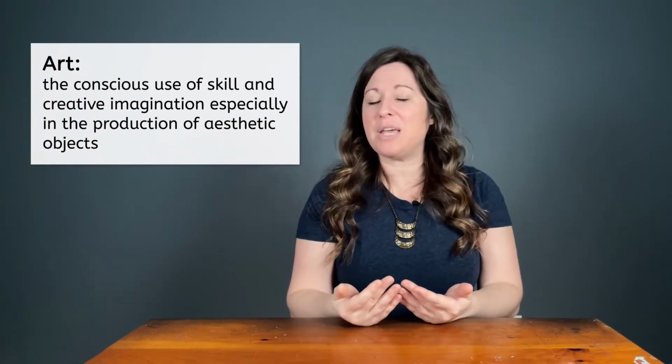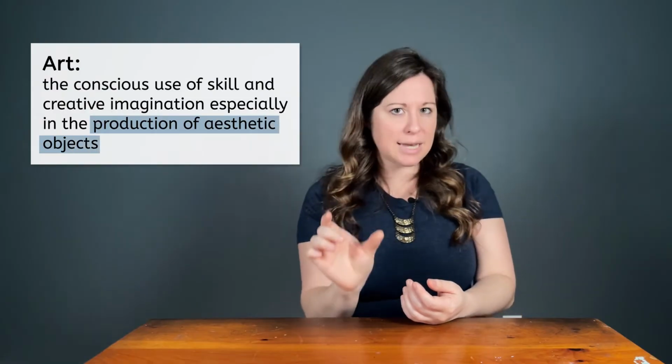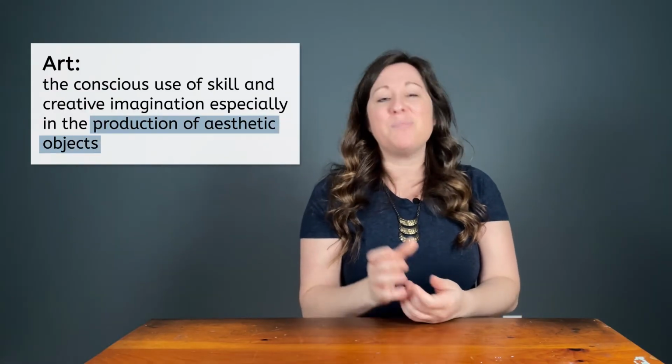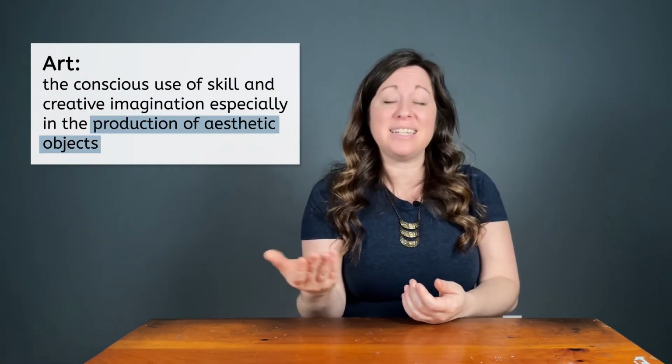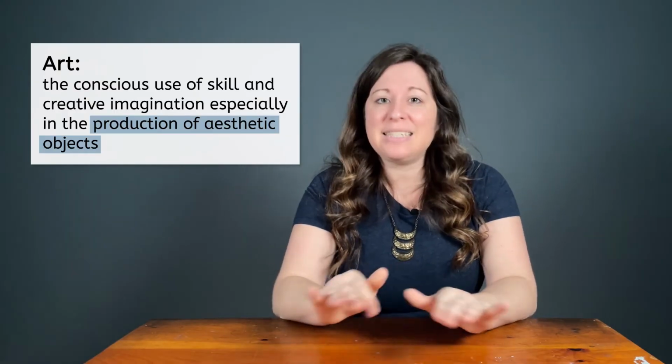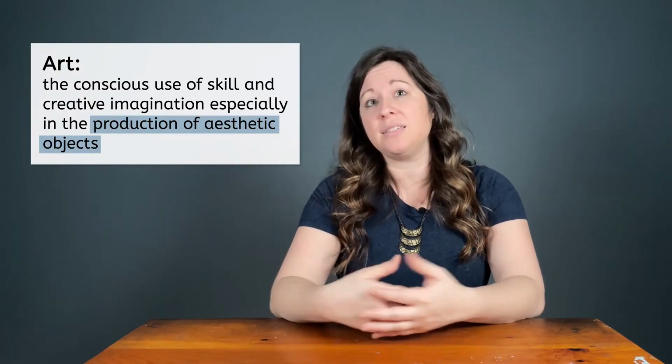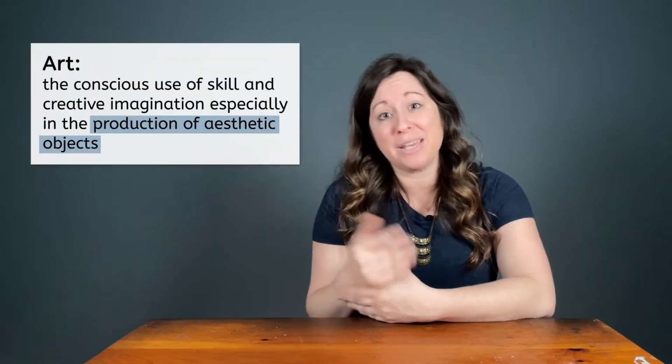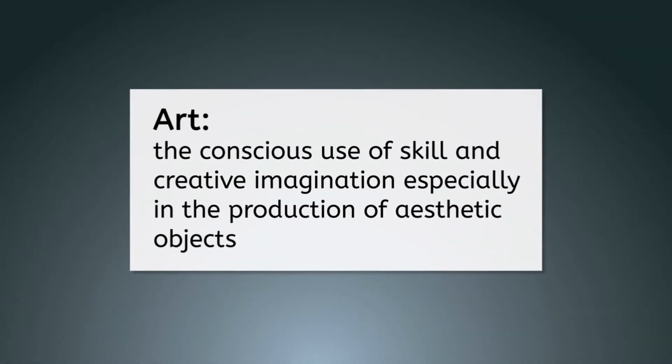Lastly, the definition mentions production of aesthetic objects. The production of objects part of the sentence is easy to understand. This simply means that art consists of things that are made, and that makes sense. But there's the addition of another word, the word aesthetic. This is a somewhat difficult word to say and comprehend. Aesthetics is basically considered an appreciation of beauty. You could also consider it to be an artistic taste.